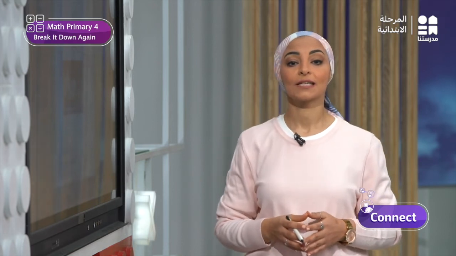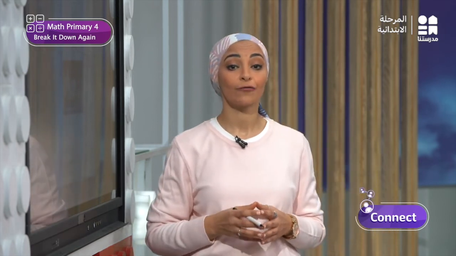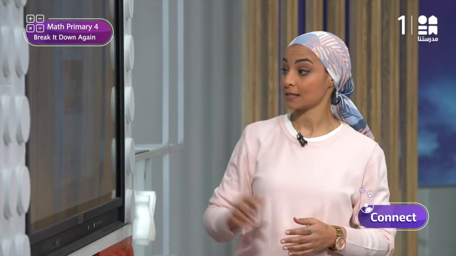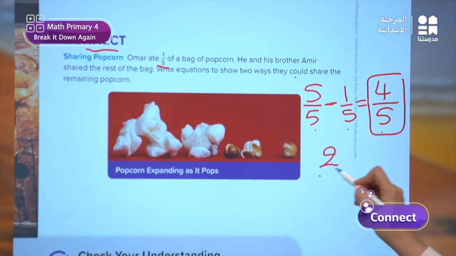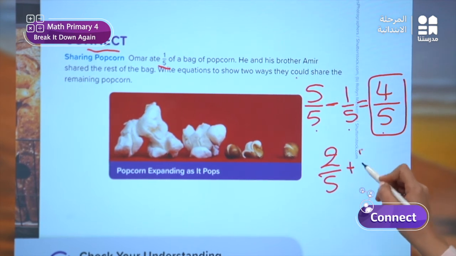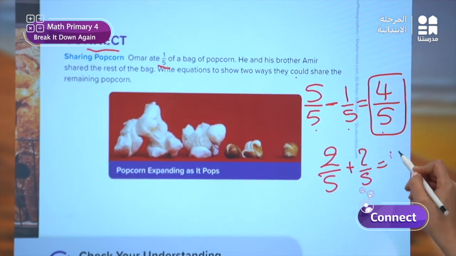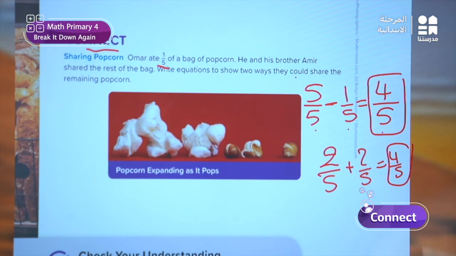Now let's see how Omar and Amir can share 4 over 5. If they share it equally, each one takes exactly the same amount. So how much does each one take? 4 over 5 divided between 2 persons, each one will take 2 over 5, and 2 over 5 plus 2 over 5 gives me 4 over 5, right?